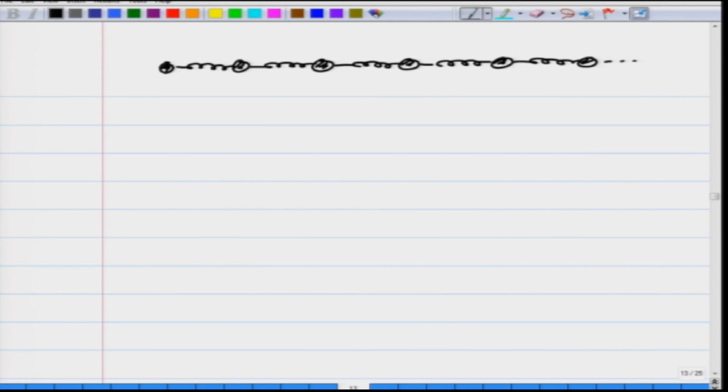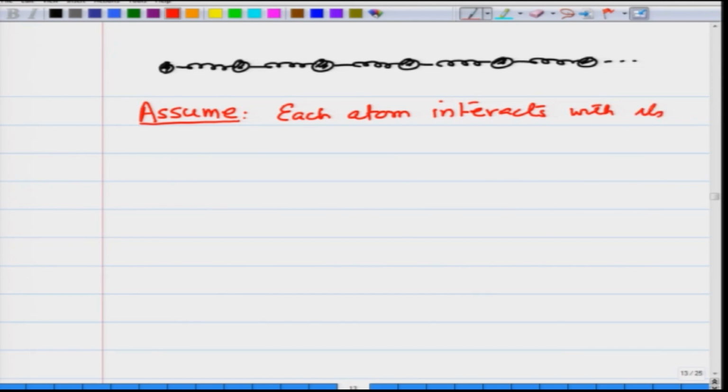and I am going to assume, we will generalize it later, right now I will assume for simplicity each atom interacts with its immediate neighbor.